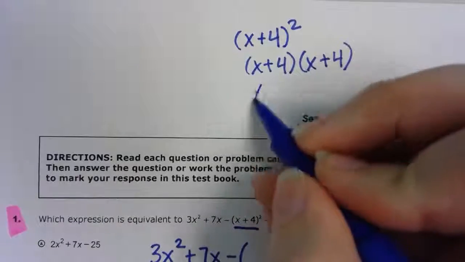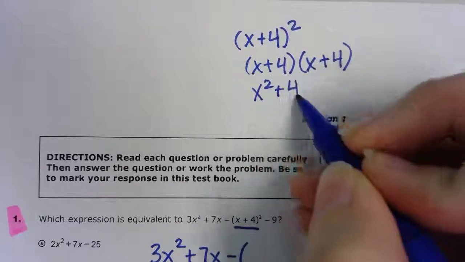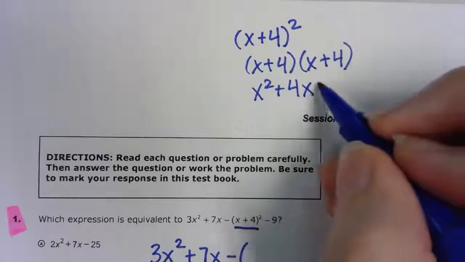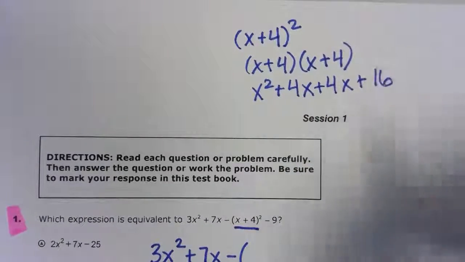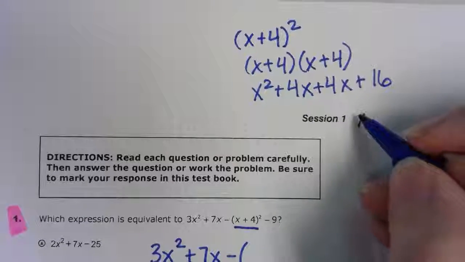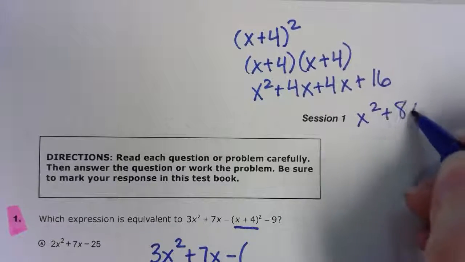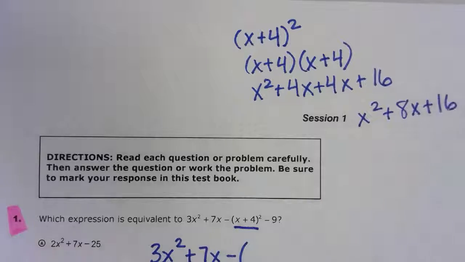So x times x, x squared, plus 4x, outer, plus 4x, inner, plus 16, which gives me x squared plus 8x plus 16.